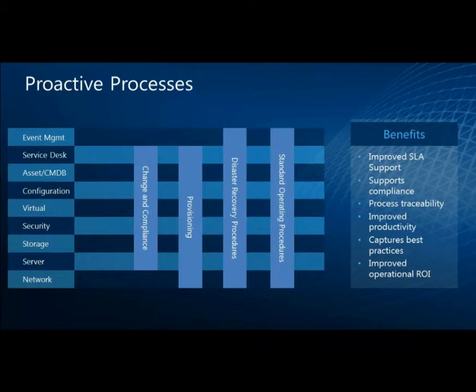We can support compliance because we have those automation activities captured and we have record of when they were run. We have process traceability. We can tell somebody what exactly is happening. We can see where a process is in its execution while it's running. We have that through things like the Orchestrator console.